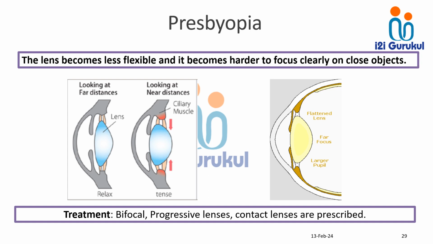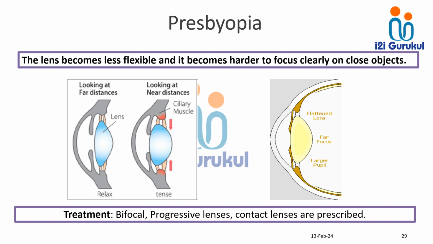For those who have a prescription for near only, they can also use progressive lenses or bifocal lenses. Those who have distance as well as near prescription can use bifocal and progressive addition lenses.